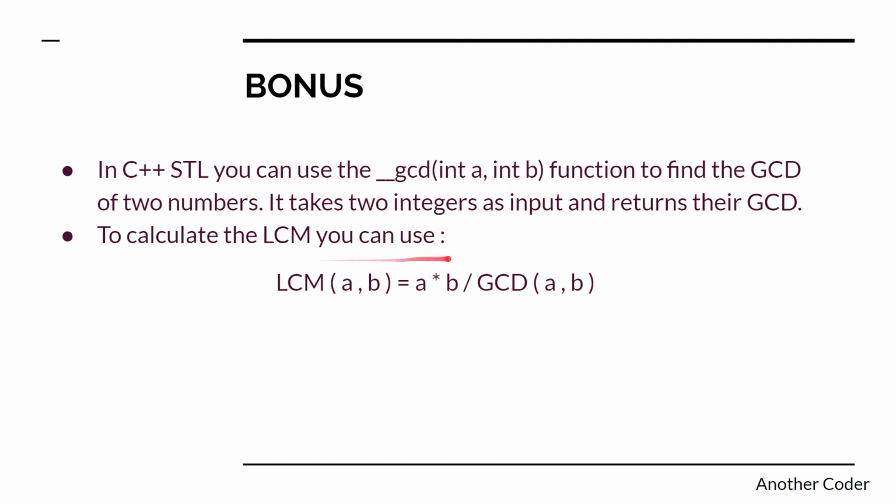And if you want to calculate the LCM using the GCD, LCM stands for lowest common multiple, you can calculate the LCM of two numbers A and B by multiplying those two numbers and dividing by their GCD. So this is how you calculate the GCD using the Euclidean algorithm, and here's how you can calculate the LCM from the GCD itself. So this is all for today's video.